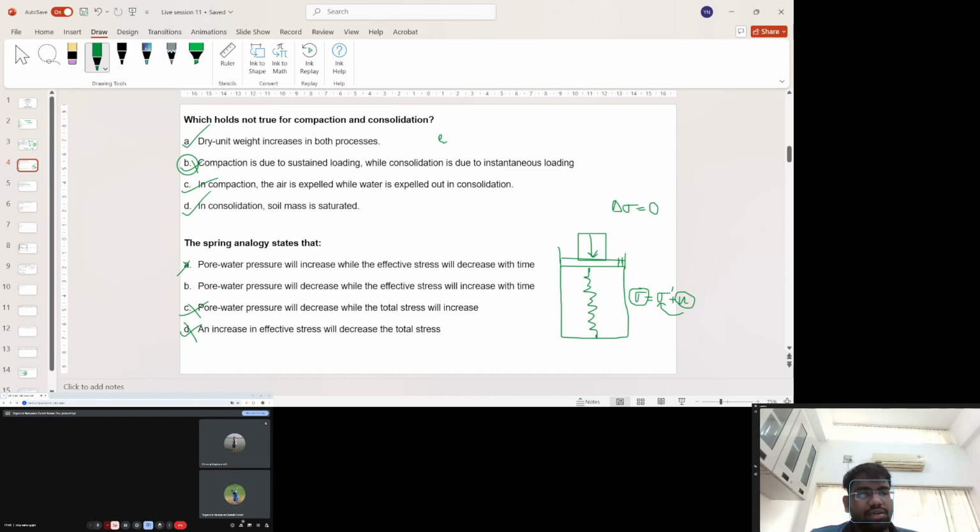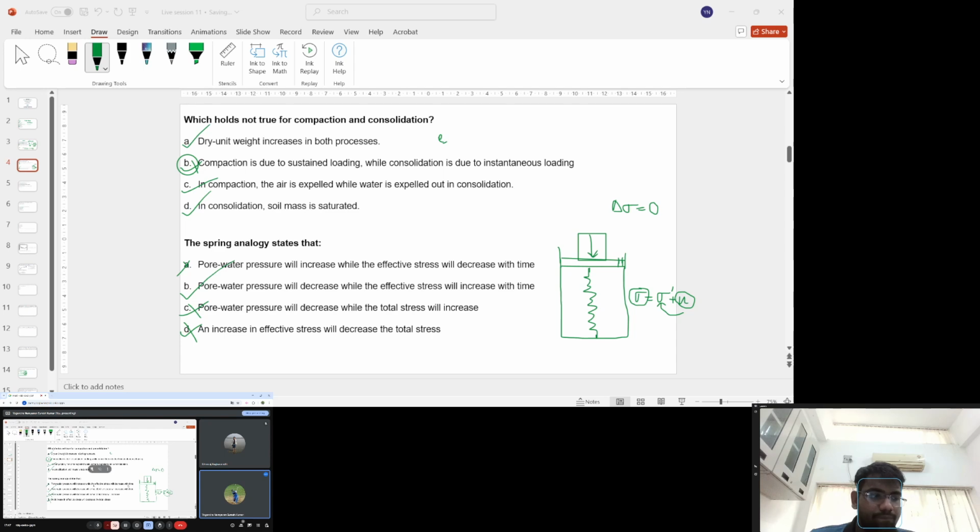The voids ratio is reducing, which results in an increase in grain to grain contact, and the stress transferred through grain to grain contact is the effective stress. Hence the effective stress will increase with time as the consolidation progresses, while the pore water pressure will decrease, and hence option B is the right option. Any doubts? Fine, sir.